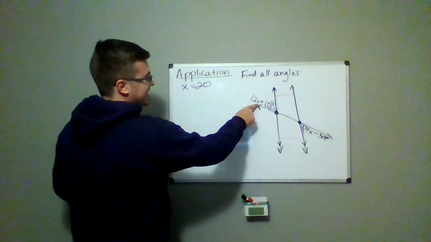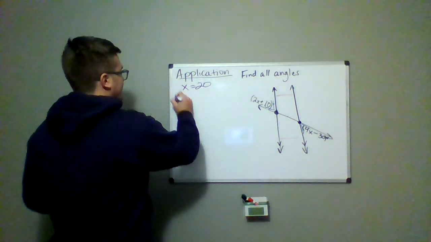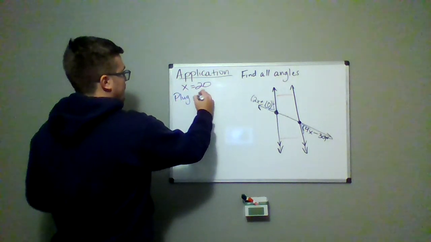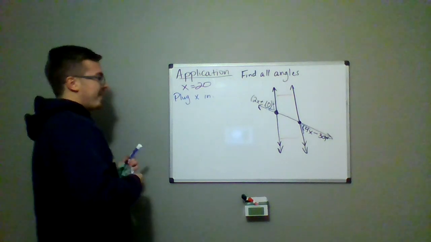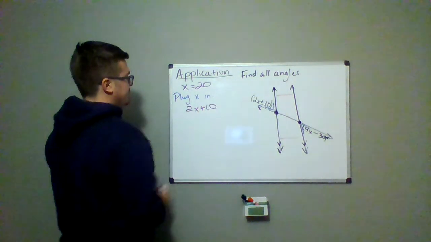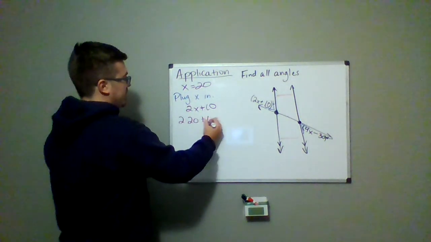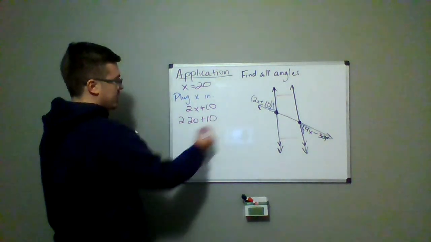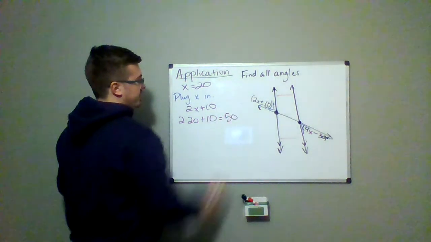So to figure out what this angle is, I know that angle is 2x plus 10. So all I have to do is plug x in. So when I've got 2x plus 10, I plug 20 in for x. I get 2 times 20 plus 10, which is going to give me 40 plus 10 is 50.